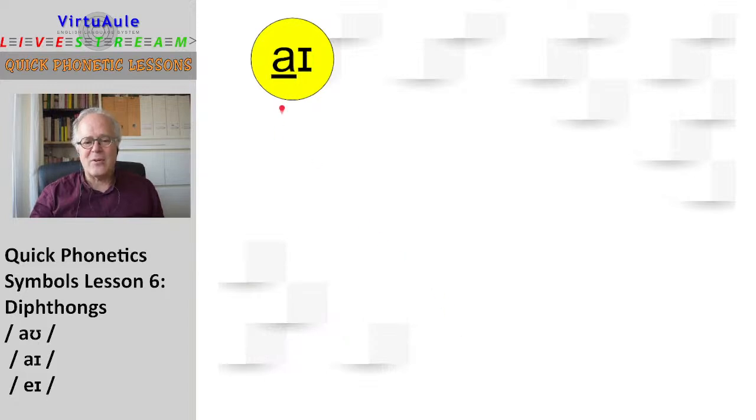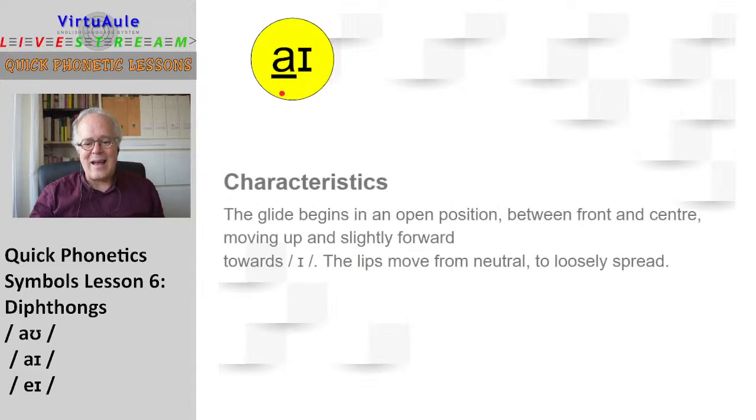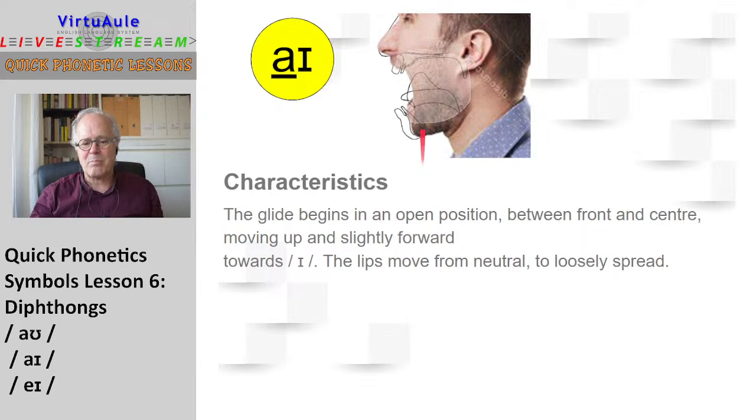Now we have the sound I. This glide begins in an open position between the front and the center, moving up and slightly forward towards the E sound. The lips move from neutral to loosely spread. So we have the chamber of the mouth where the articulation starts from the low sound and goes up, moving frontal and moving open.